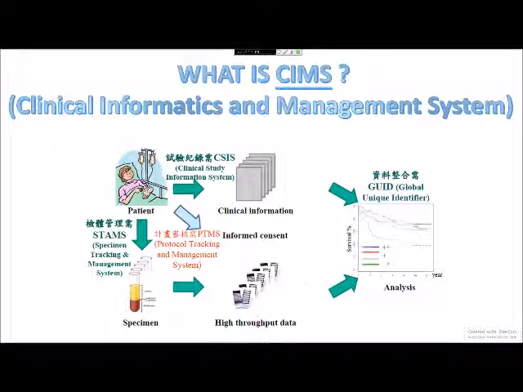First, CIMS can be used for data collection in clinical trials, clinical research, disease registration, and the CSIS system was introduced to Taiwan by Associate Professor Yang Yongzhen in 2007.